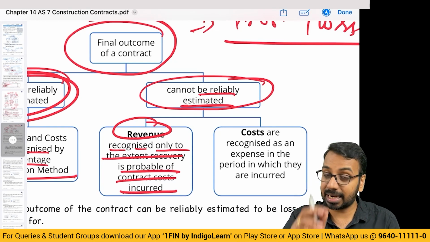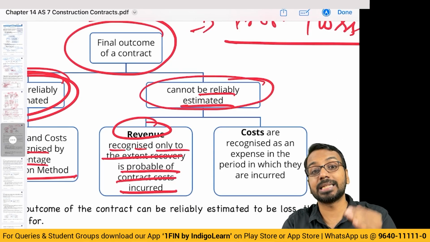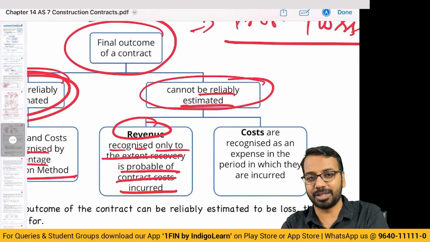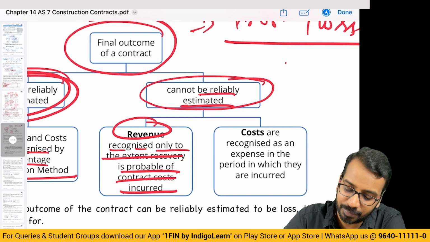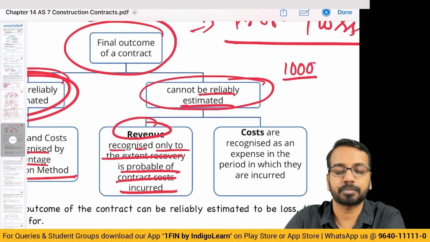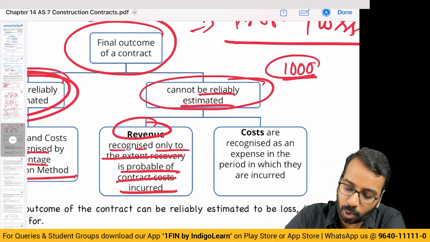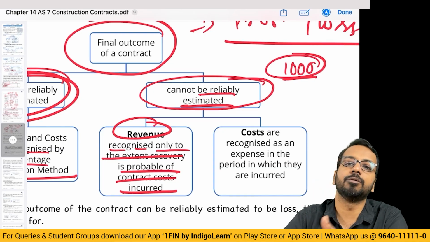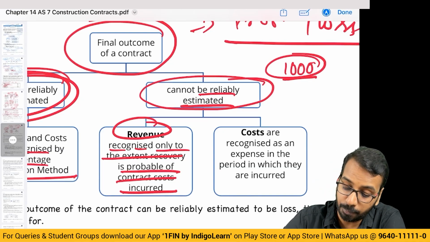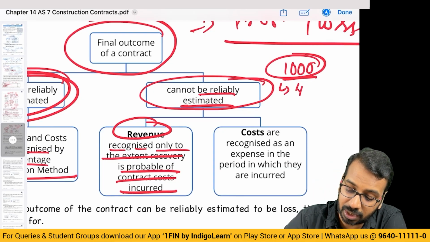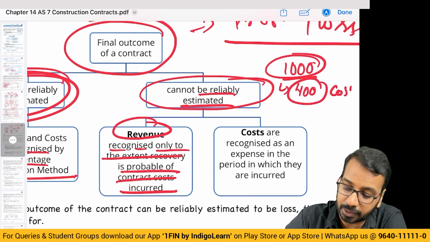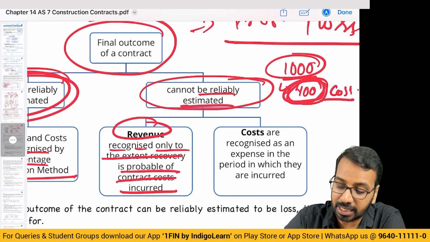First thing. Second thing, whatever revenue I should recognize, there should be a possibility of recovery. Meaning to say, let us say in the same example, 1,000 is the contract price. Now the outcome I don't know because I don't know the future cost that I will be incurring. So in the first year I incurred cost of 400. This was the cost incurred. Cost I will recognize fully.